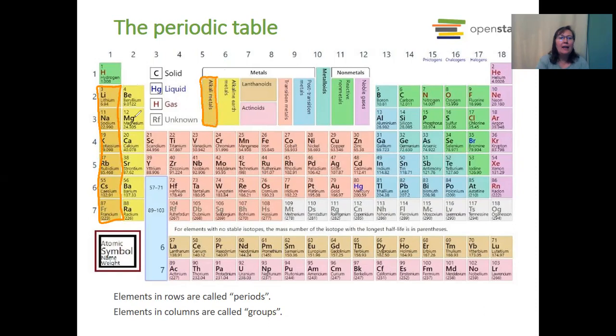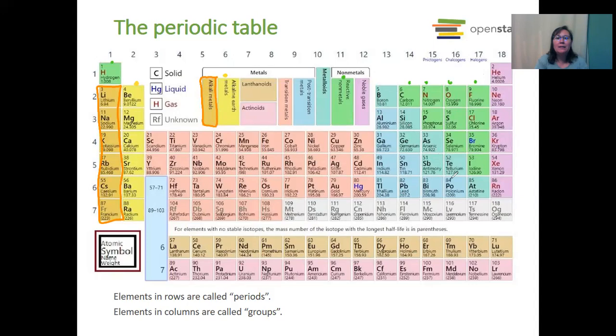All right, and then here in yellow, you can see the alkaline earth metals. Okay, and then I'm going to come all the way over here now. You can see the reactive non-metals in green. All the ones in green are reactive non-metals.